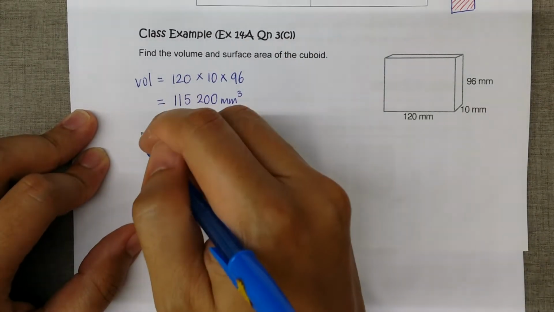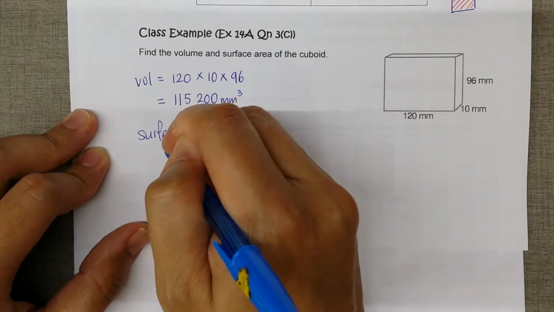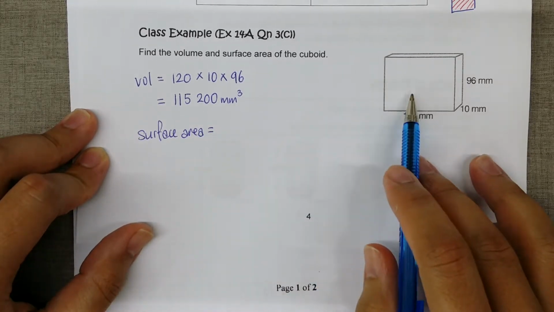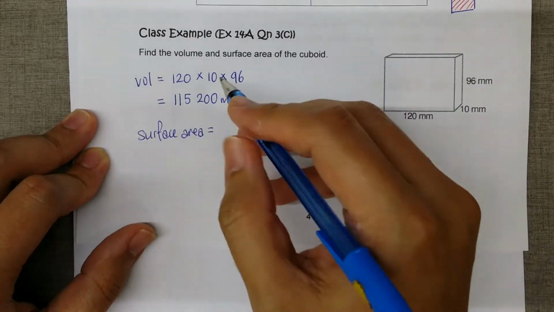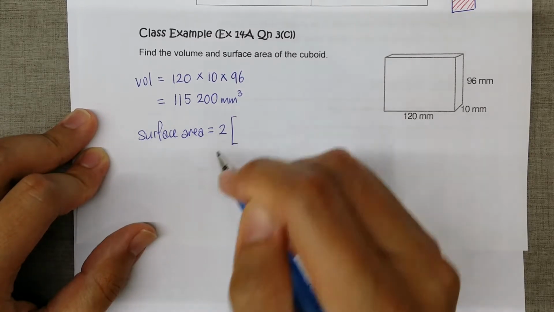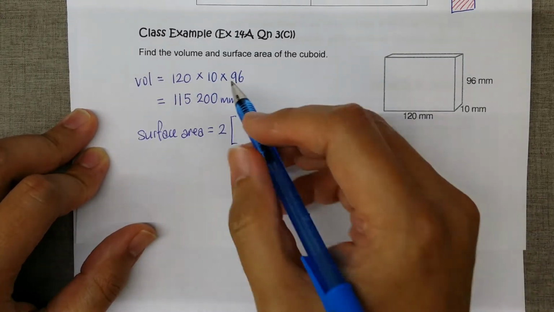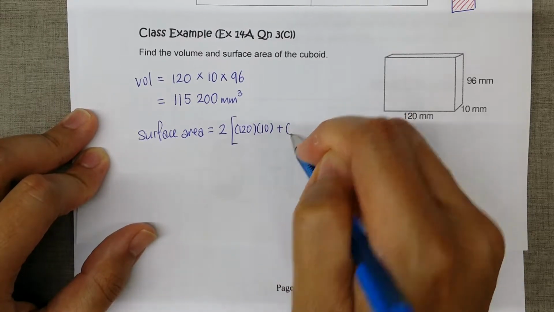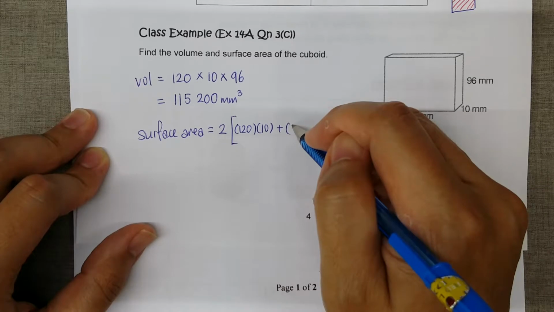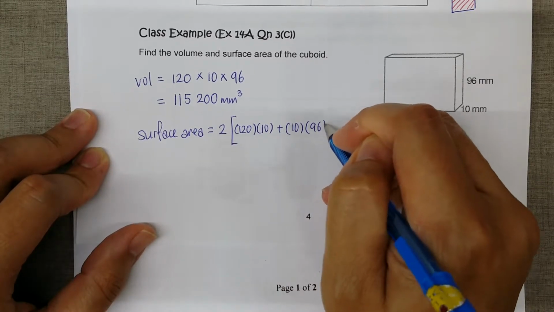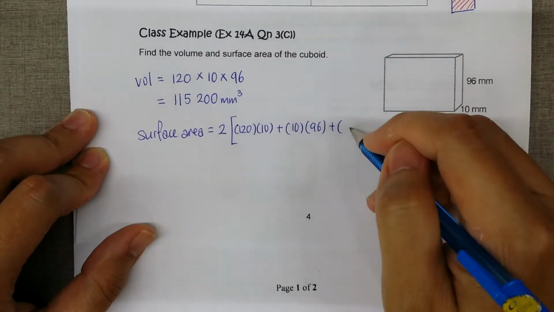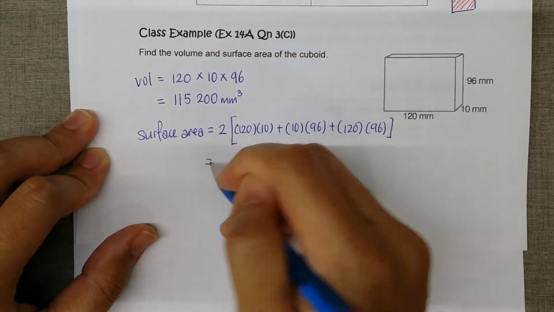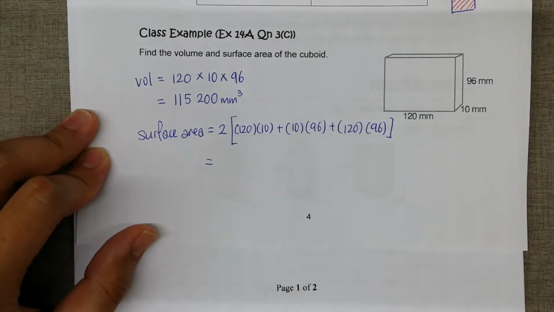Now for surface area. In this case, they are talking about the total surface area of the cuboid. We can use the formula 2, and we just multiply by 120 and 10 plus 10 and 96 plus 120 and 96. Do some simple calculation. Press your calculator.